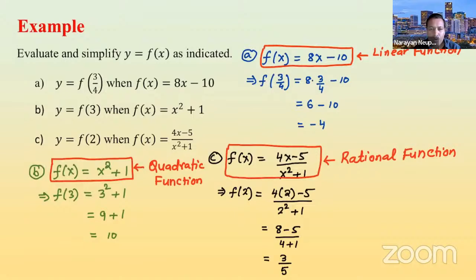Okay, there is a question from Vidya. What will the graph be like for a rational function? For a rational function, it depends on what type of rational function it is. Depending on that, you'll have different types of graph. We cannot say we have a specific shape of the graph for a rational function. Mostly it is determined by the denominator. Here you can see in the denominator, we have x squared plus 1.